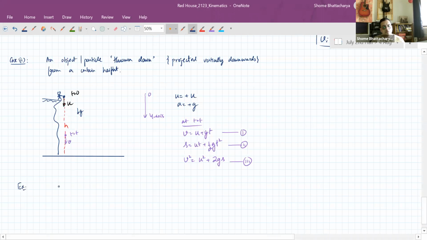Okay. So a ball is thrown down at a speed of, let's say, 10 meters per second from a height of, let us say, 500 meters, pretty large height above ground.